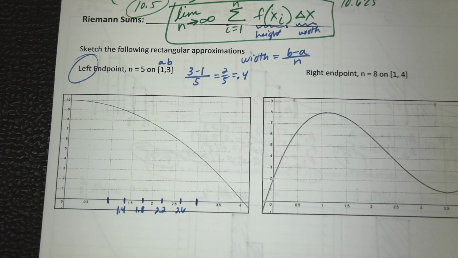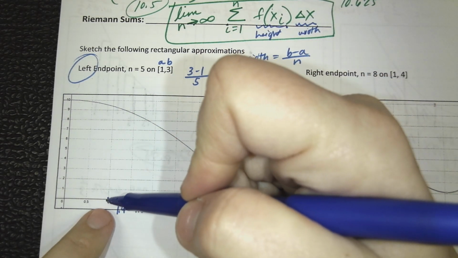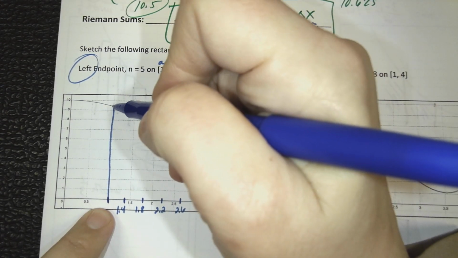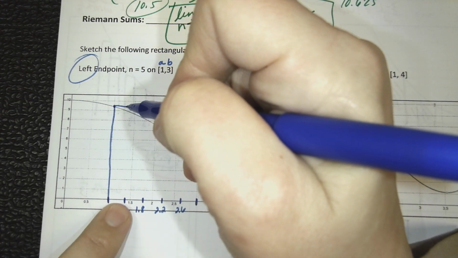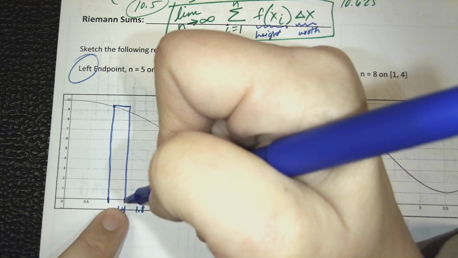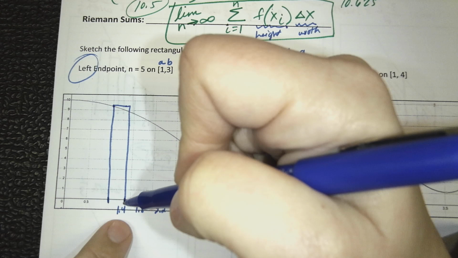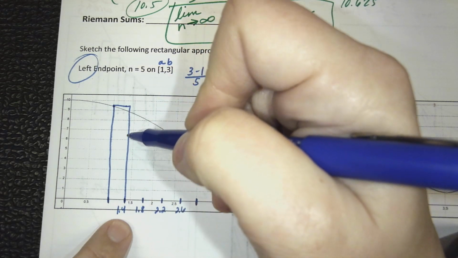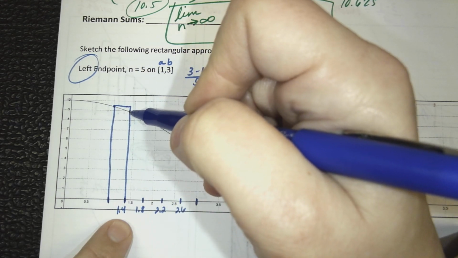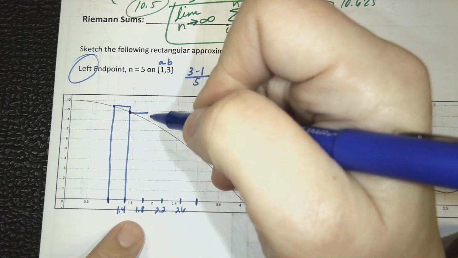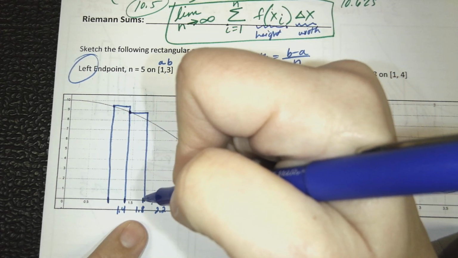Now we're going to draw them accurately. So to draw the left-hand rectangle, watch, again, you start at the 1, you go up to the graph, stop, go over to the next width, and then go down. And then you do that again from 1.4 now. You go up to the graph, stop at the curve, go over to the next width, and go down.